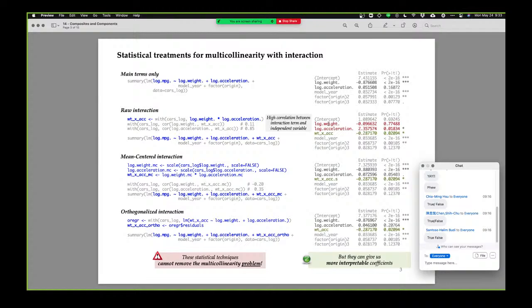I just want to reiterate: we looked at multicollinearity before we looked at interactions. We saw multicollinearity between multiple variables in a regression, between weight, displacement, cylinders, and horsepower.